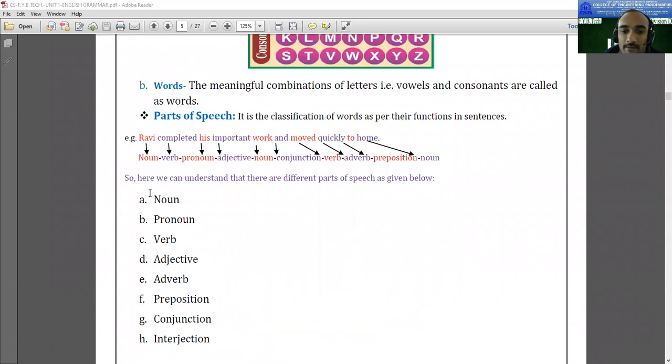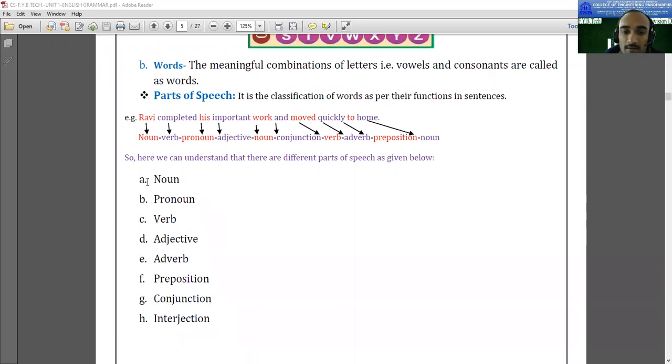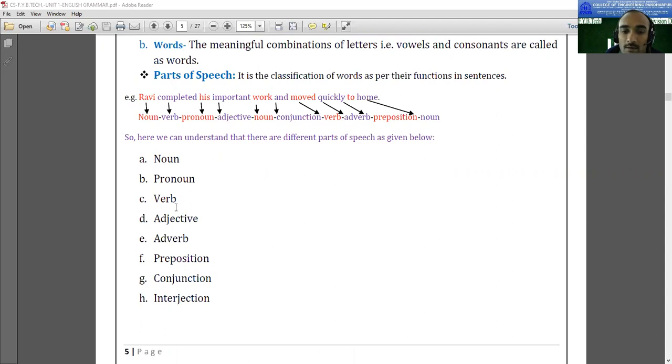And these parts of speech are: A, noun; B, pronoun; C, verb; D, adjective; E, adverb; F, preposition; G, conjunction; H, interjection. So these are the parts of speech.